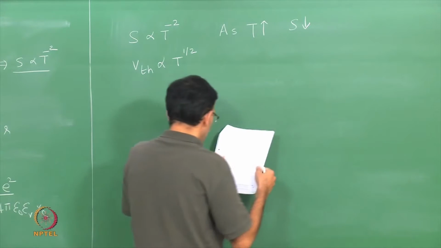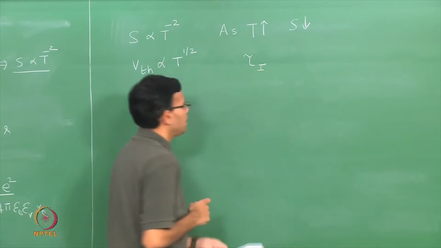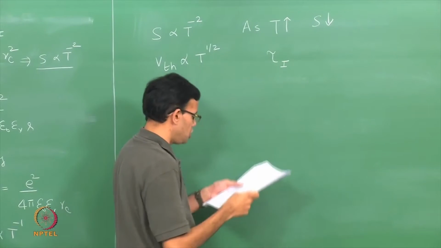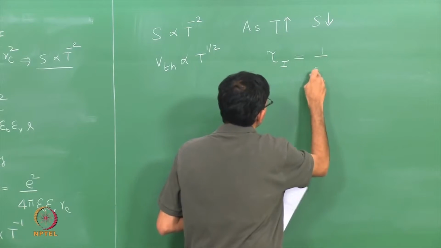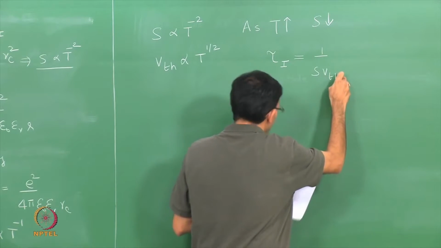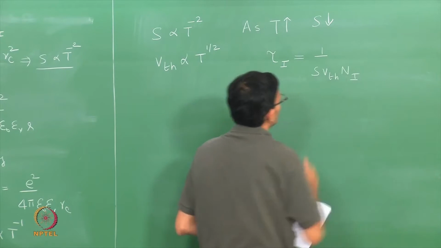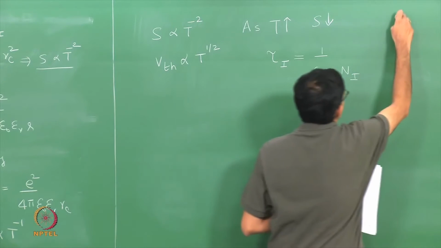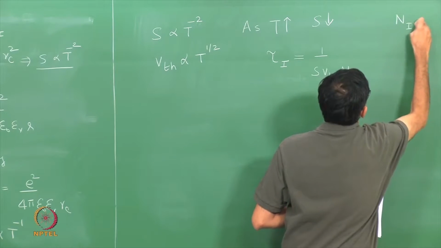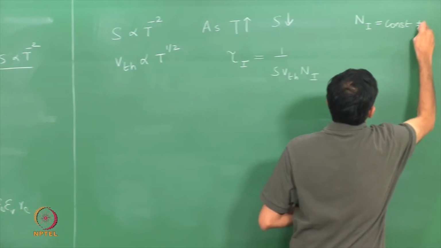Putting these two together, tau due to scattering from the impurity, so it is tau I, is equal to 1 over S V thermal Ni. Once again, Ni is the concentration of impurities, which is a constant. It is not a function of temperature.